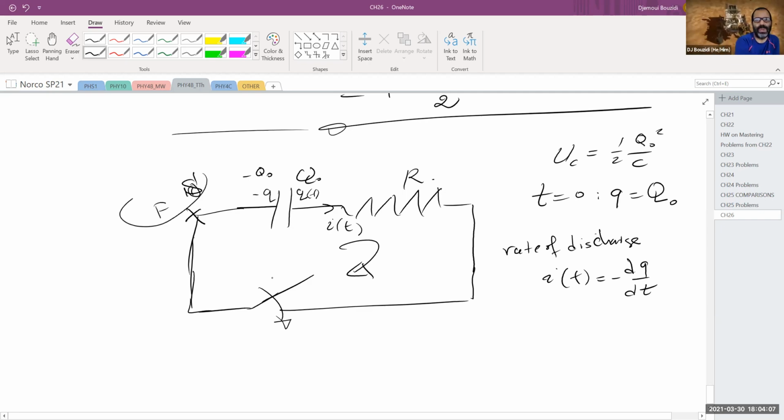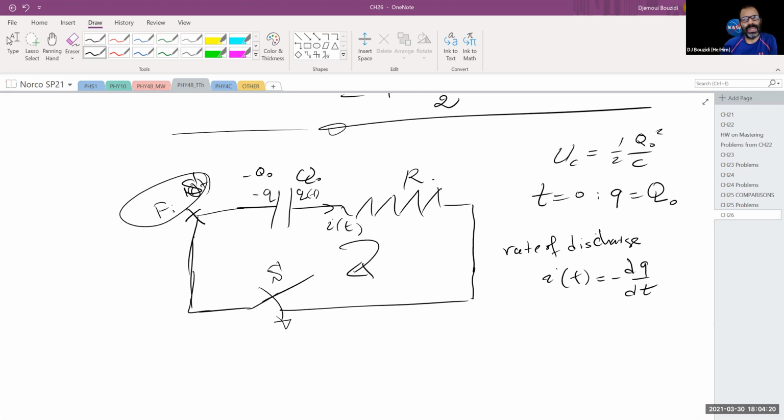S usually is the switch, so this is a start and also a finish, the same thing. When I start from that, the first device I will encounter while this is being discharged is the capacitor, but I'm going in the wrong direction. I'm going from the negative to the positive, so I'm actually rising in potential. When I rise in potential, I write it as a drop with a negative sign.